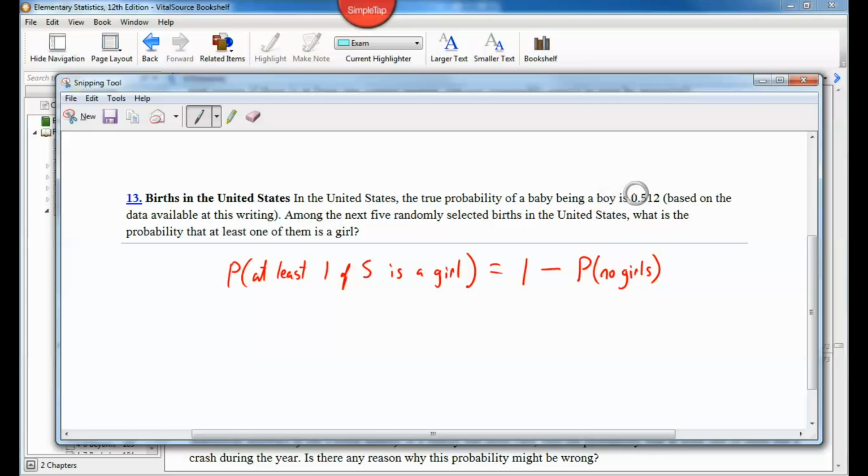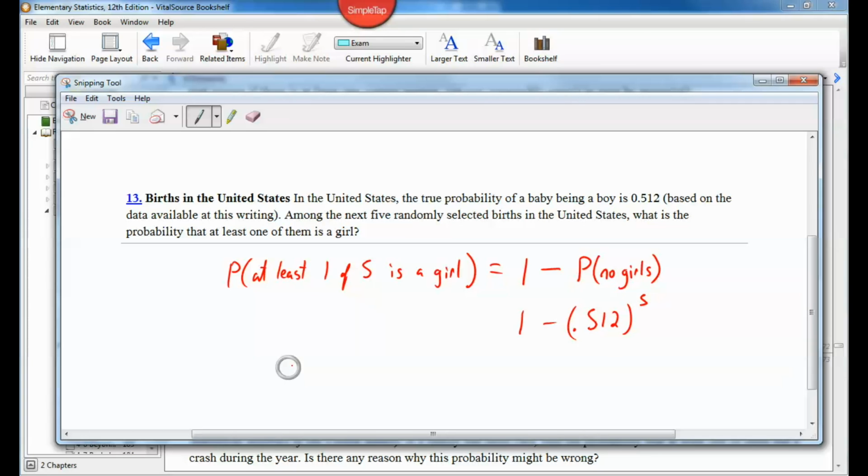Well, it told us the probability of a boy in the United States is 0.512. How many births? 5. So to find the probability of 5 boys, it's 1 minus 0.512 to the 5th. Now this part right here is the probability of getting 5 boys in a row.